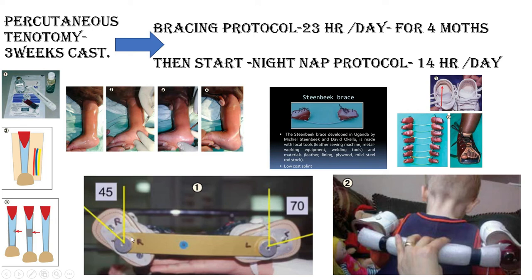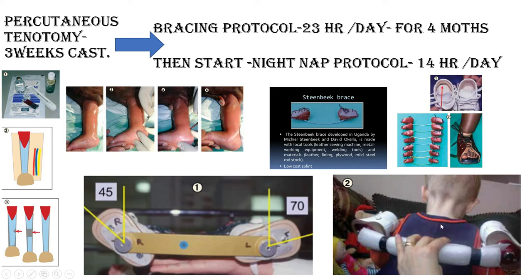In case of the normal side, it will be put at 45 degrees external rotation. But if it is a bilateral case, then both feet will be placed in external rotation up to 60 to 70 degrees. If it is the normal side, it is 45, if it is the abnormal side, it is 70 degrees. It is externally rotated. This is the view from below.